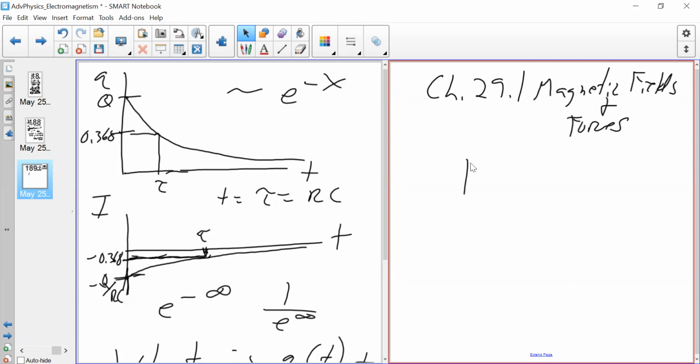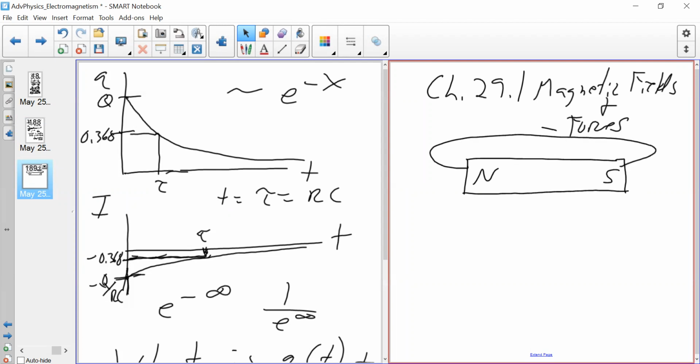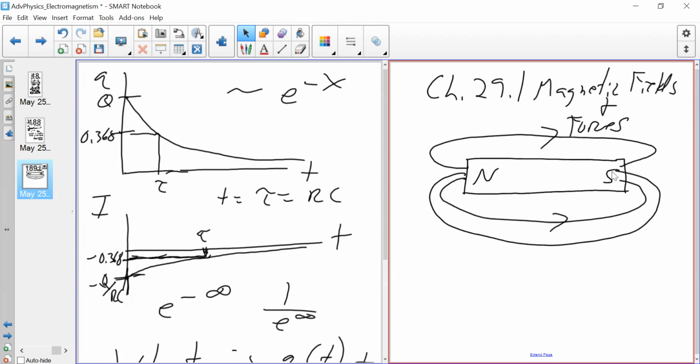So let's say we have a bar magnet. We know that electric fields surround a charge. So magnetic fields surround magnets and moving charges. The magnetic field is going to go from the north to the south pole. And you can have many different magnetic field lines, kind of the same configuration as electric charge.